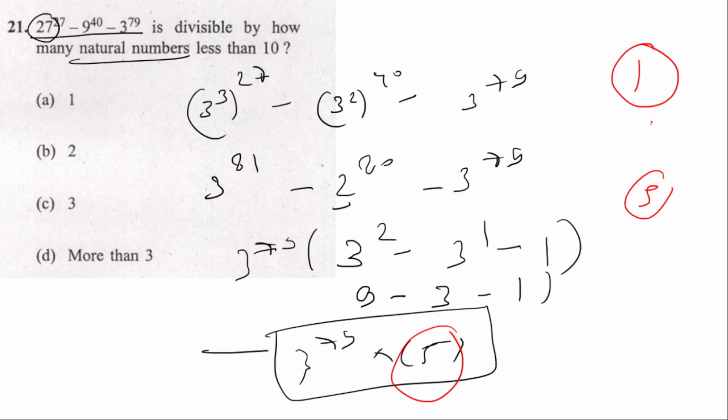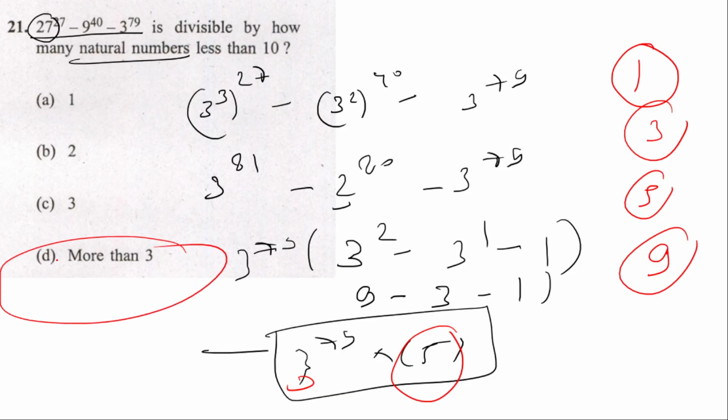Here is 3, so it will be divisible by 3, and it is going to be divisible by 9 also, because you can write this in the form of 3 to the power 2, and so on. So it will be divisible by more than 3 numbers.